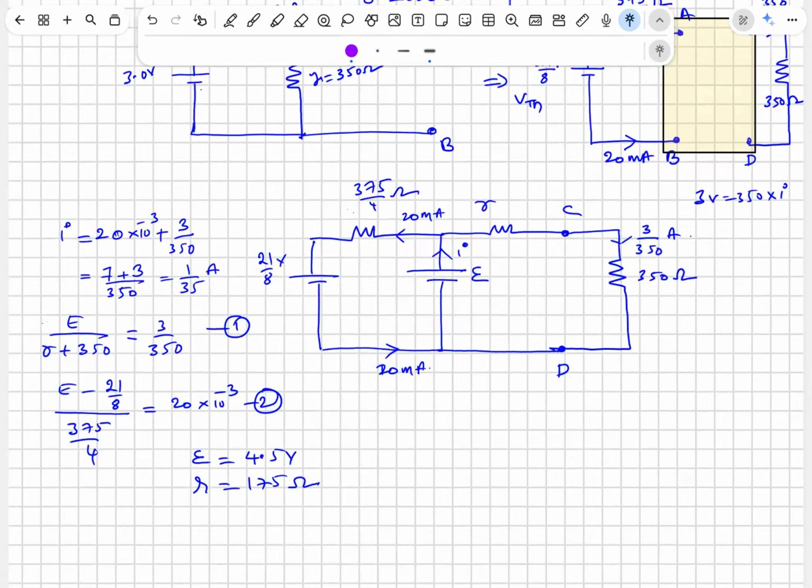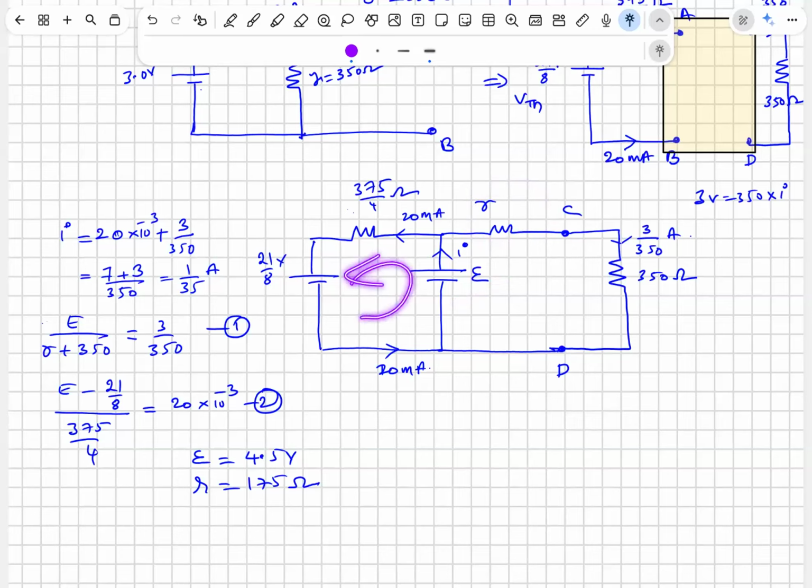Kirchhoff junction law is applicable only under one condition. That point must not have a source or sink. Definitely there should be a source. I identified the source. I am assuming some resistance r also, because this side PD and that side PD are not matching. I am assuming some E and some r.